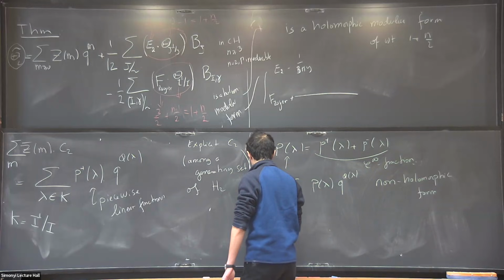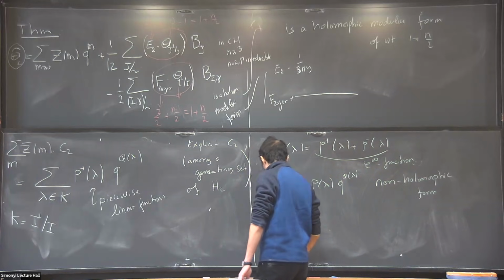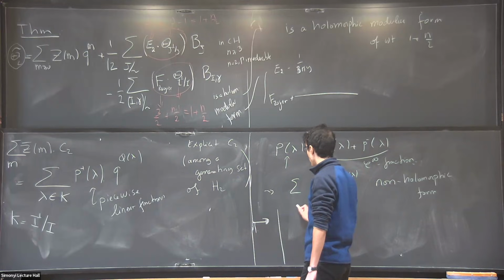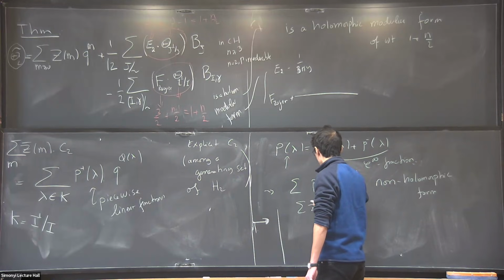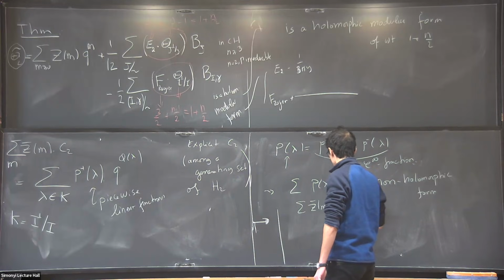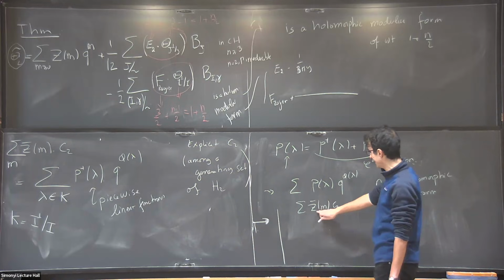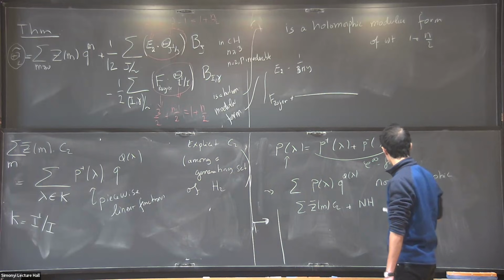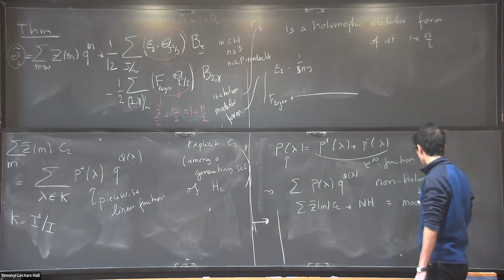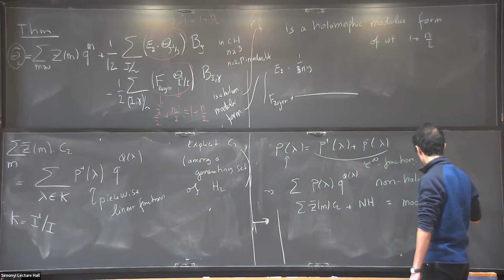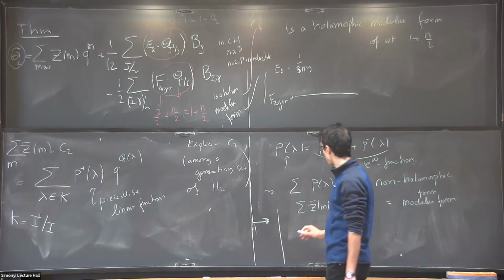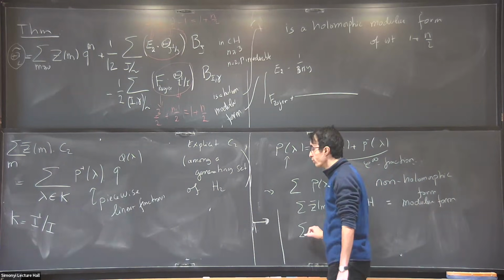And then, to finish the argument, what we've shown roughly is that this intersection number of the z hat, z tilde m with C2, if you add something non-holomorphic, transforms like a modular form. Now, for the other two contributions, we prove similar results.